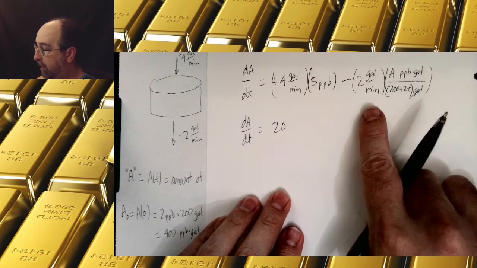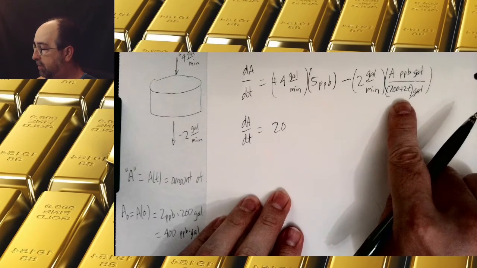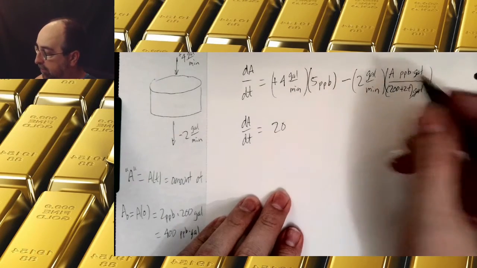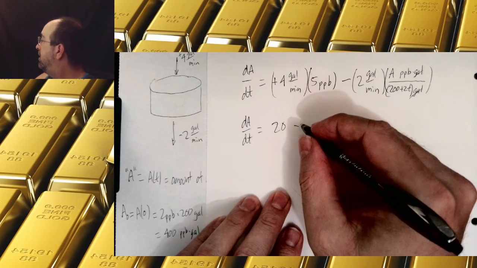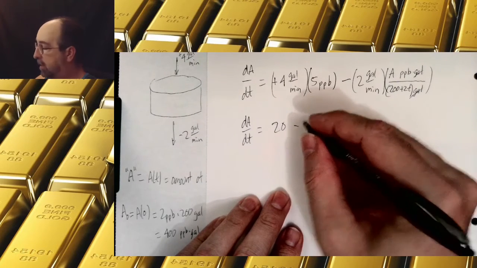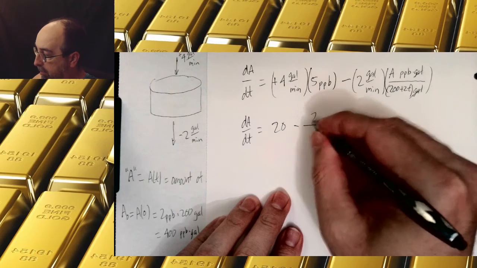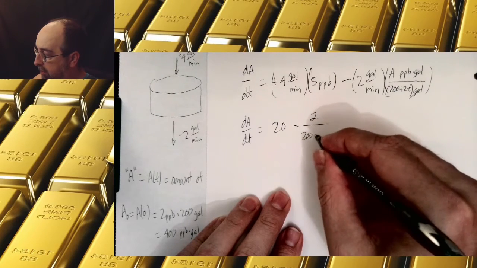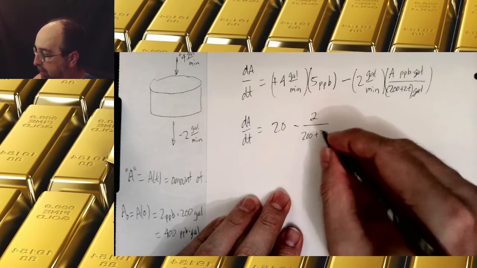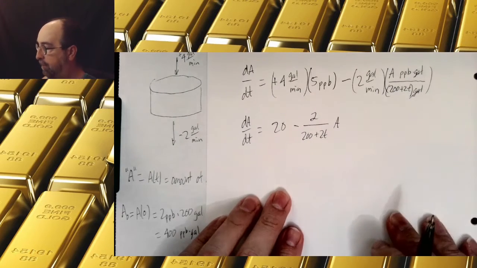Now in this one, we get 2 over 200 plus 2t times A. And we're minusing that.